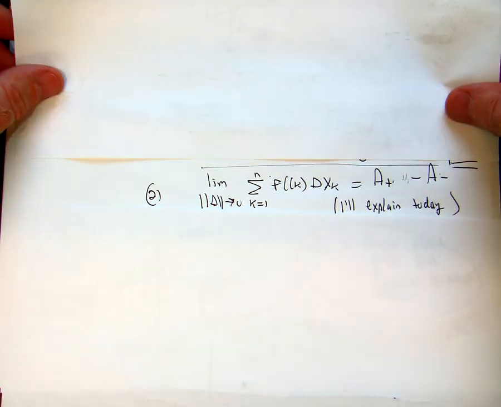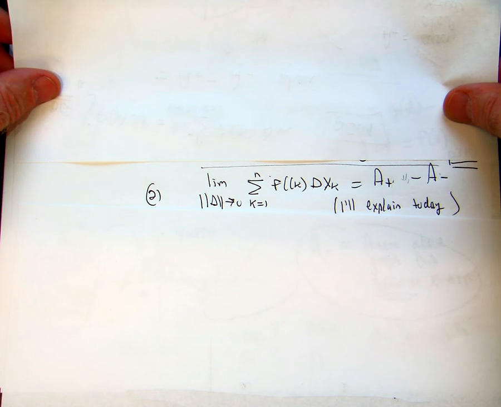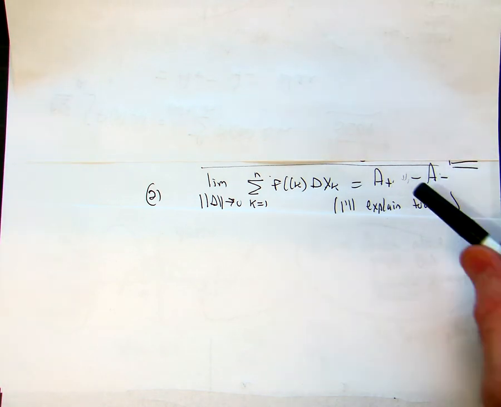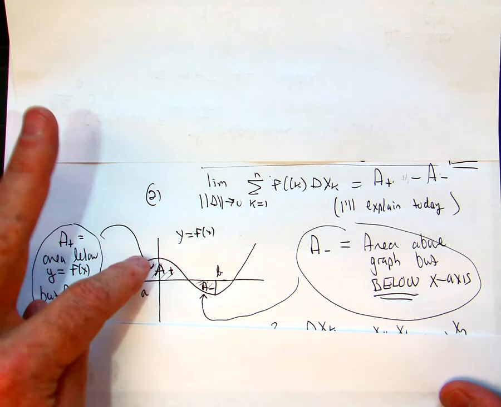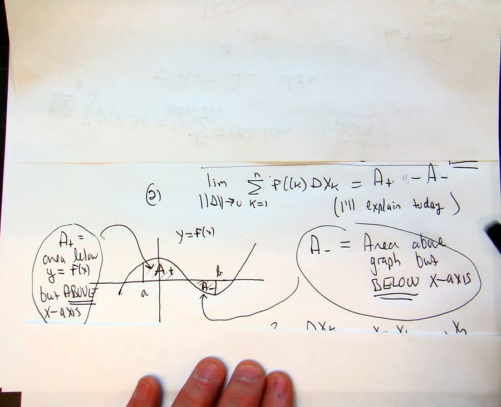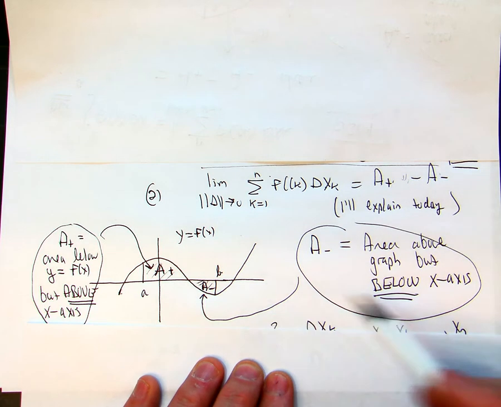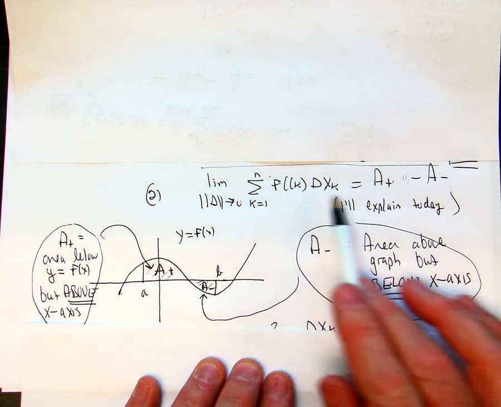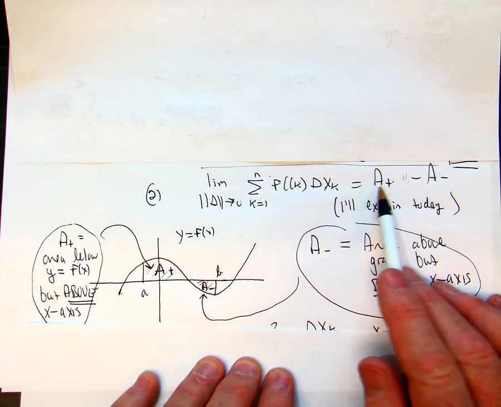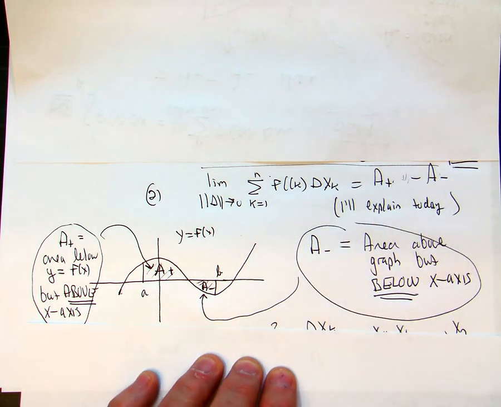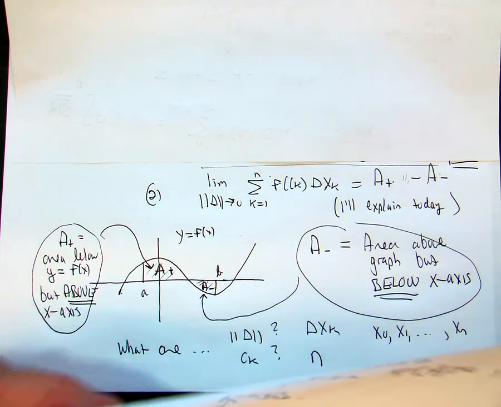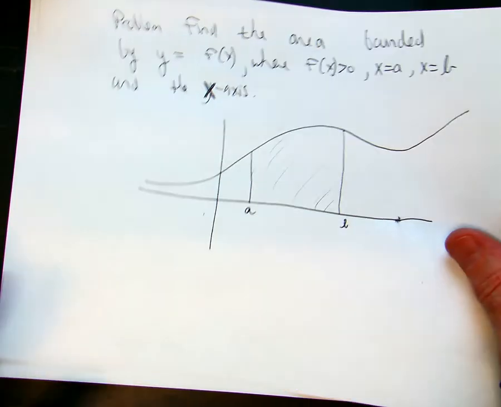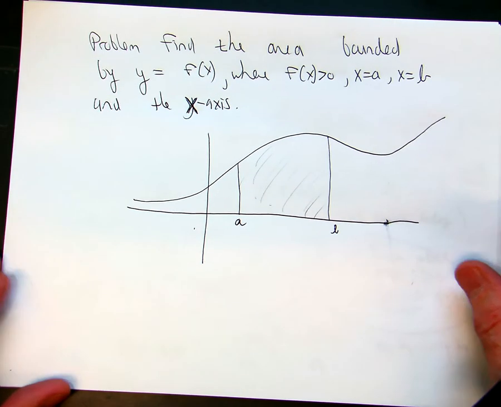I'm going to attack that problem right there. And remember that A plus is the area above the x-axis, A minus is the area below the x-axis, and what I'm saying here is what this sum is going to represent is the area above minus the area below. That's today's goal.